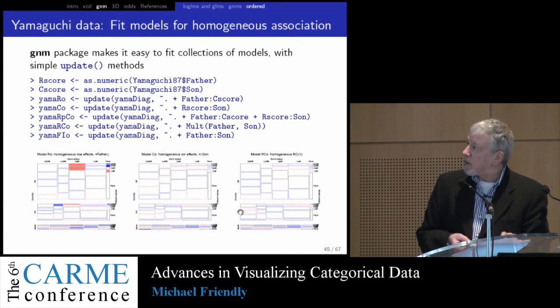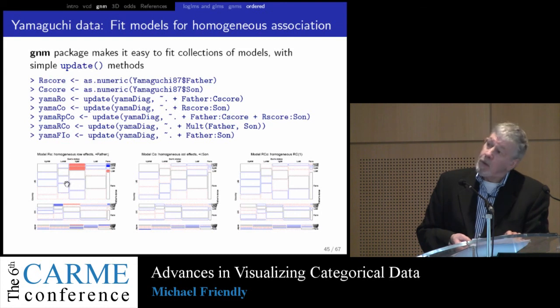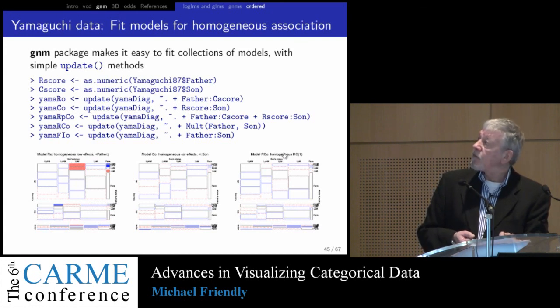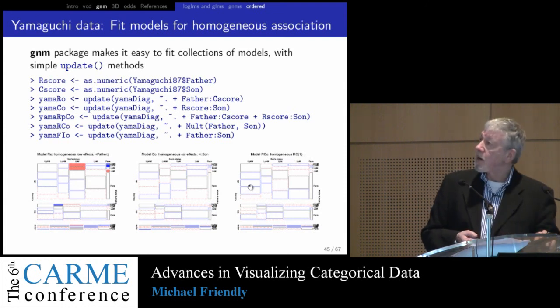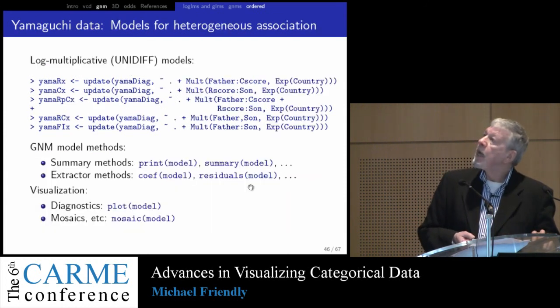I'm not going to go into the details, but you can see that, although these models fit better, there is still some residual lack of fit in the model here, which is a model of row effects. Here's an RC1 model that looks somewhat better.